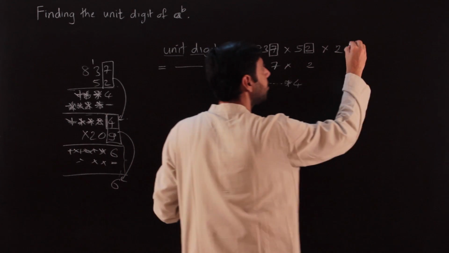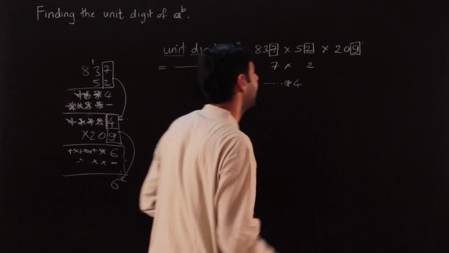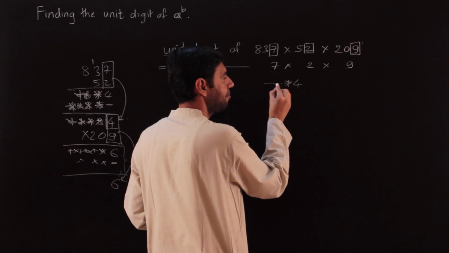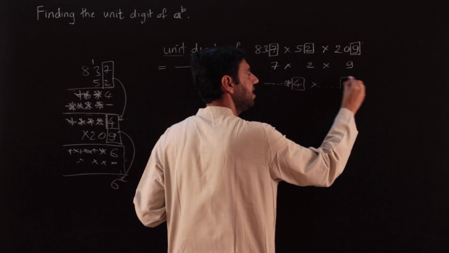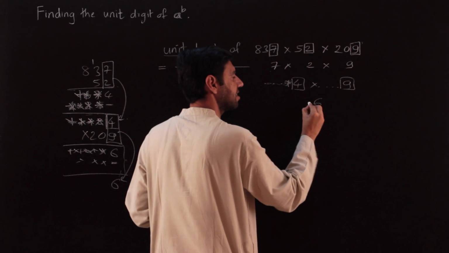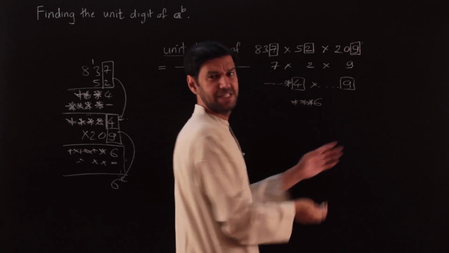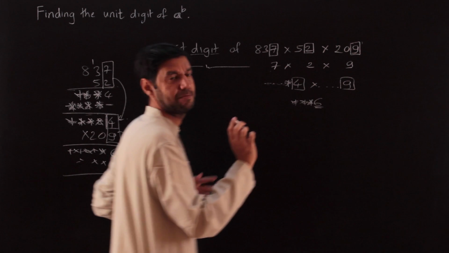So again, the unit digit is only going to depend upon the unit digit of the multiplicands. Once I know this is a big number ending with a 4, I know the unit digit. So multiply it with a 9, 9 and 4 will give me 36. That 3 is not the accurate number. We just ignore it, carry it forward into the tens position. The unit digit has been found out.